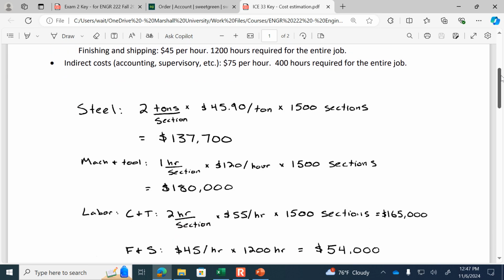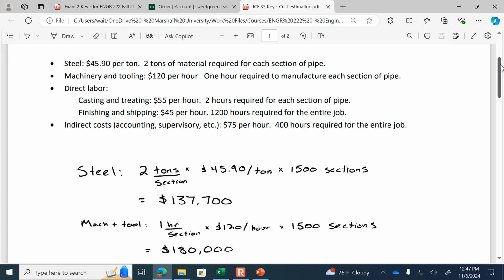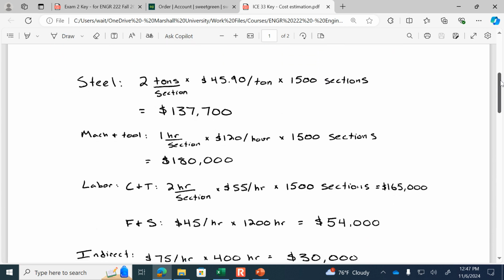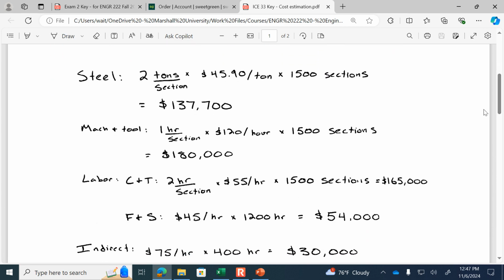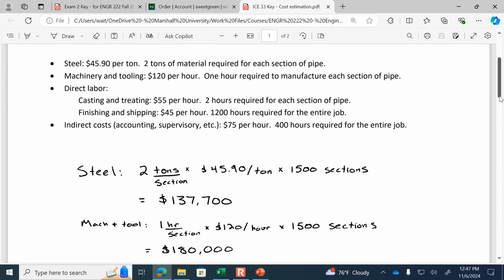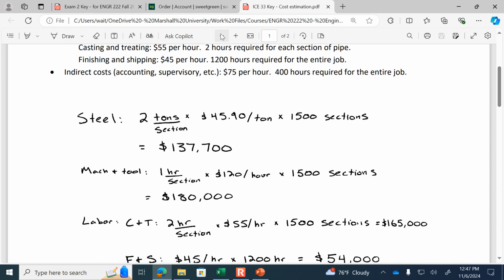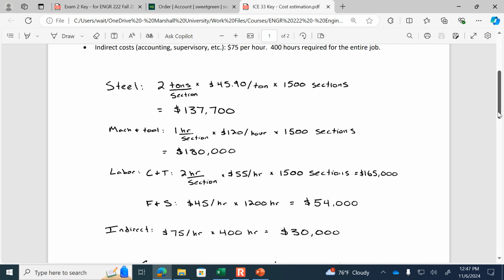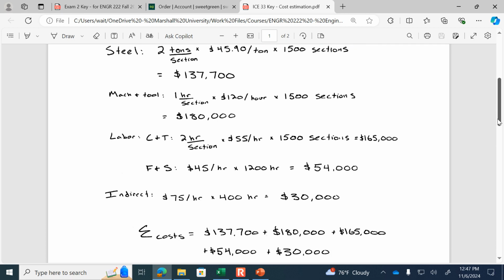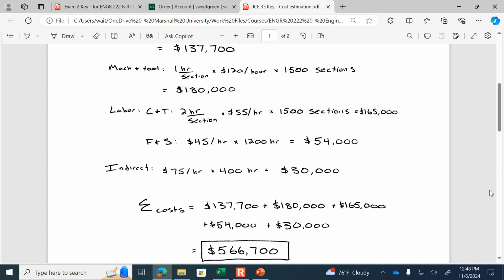The labor for the casting and treating is $165,000, $54,000 for the finishing and shipping, and then of course we have to cover the indirect costs of $30,000, and so the total cost here would be $566,700. So that's our first taste of cost estimation.